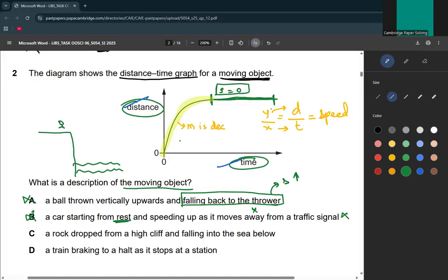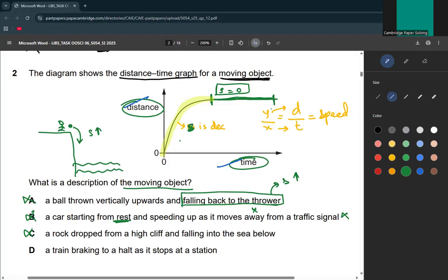A person is standing here and throws a rock. Okay. What should happen? The speed should increase. Is it happening here in the graph? Is the speed increasing? No. The gradient is basically speed. Speed is decreasing. No. So this is not possible as well.